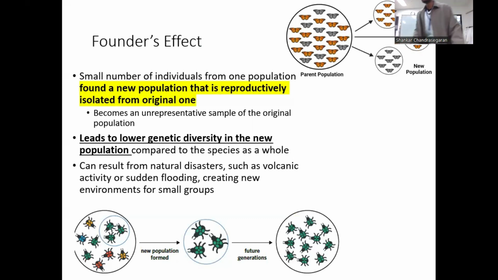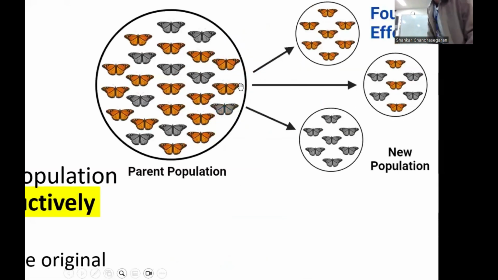Let's say in this top example, 3 butterflies went to this population and all 3 of them were orange. Then any other butterflies that emerge from that population of 3 orange butterflies will also only be orange, right?